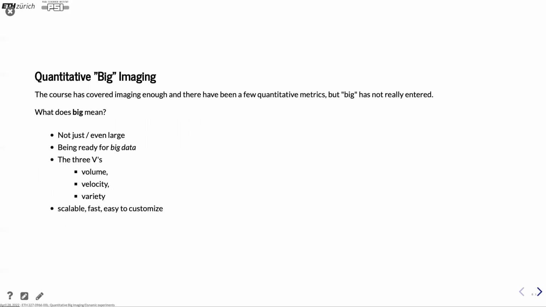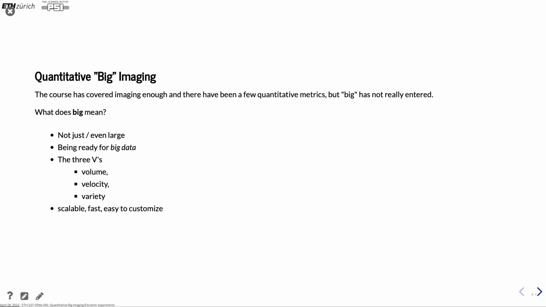And again, the question is, what does big actually mean in big imaging? So first of all, we have a lot of data, as we already know. And the important thing is actually being ready to handle this big data. And with that, we talk about the 3Ds: volume, velocity, and variety.